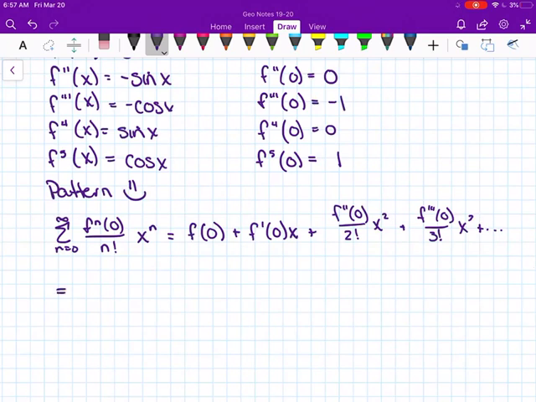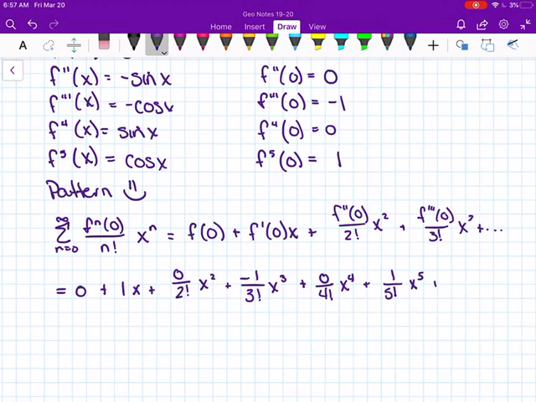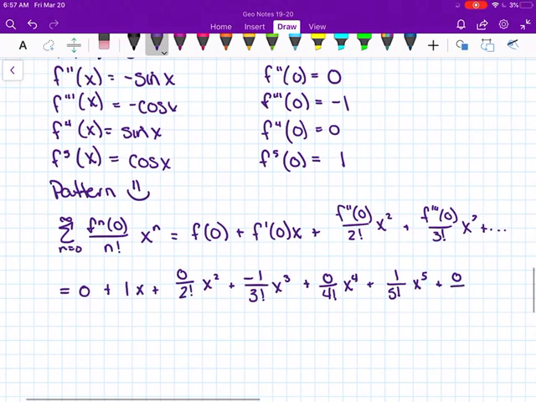So we are going to get, when I fill in the pieces, 0 plus 1 times x plus 0 divided by 2 factorial times x squared plus negative 1 divided by 3 factorial times x cubed plus 0 divided by 4 factorial times x to the 4th plus 1 divided by 5 factorial times x to the 5th. And if I continued the pattern, I would get 0 divided by 6 factorial times x to the 6th, and then negative 1 divided by 7 factorial times x to the 7th.